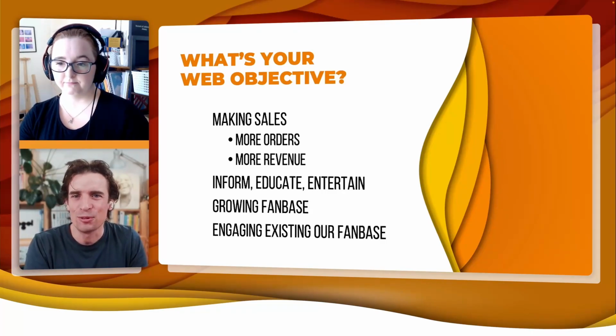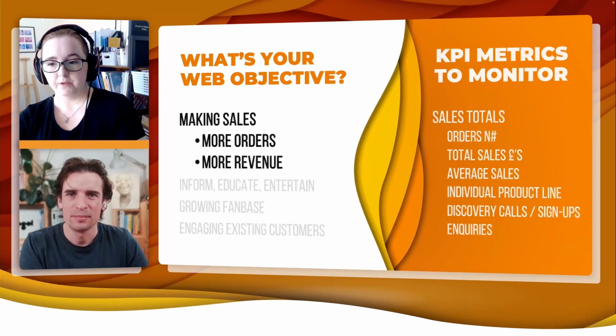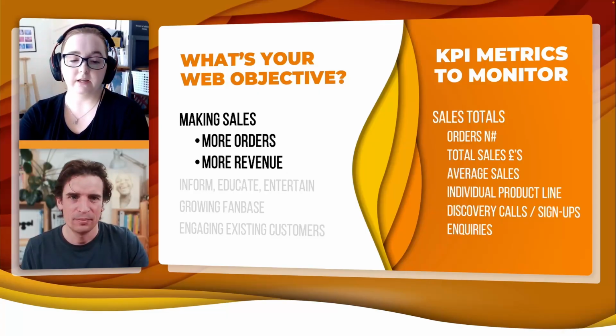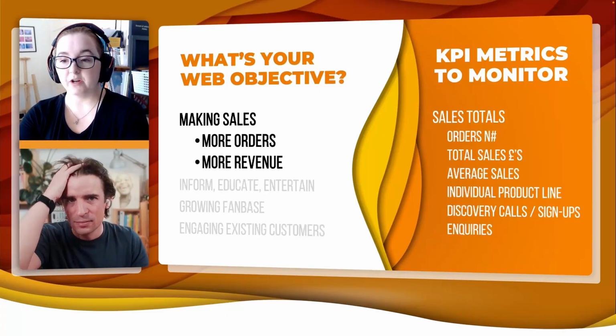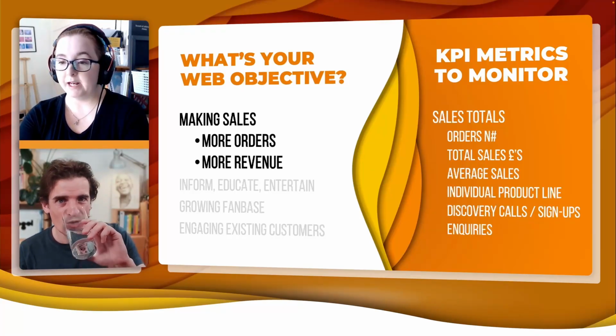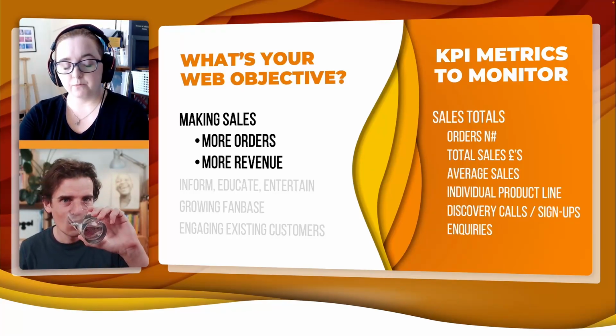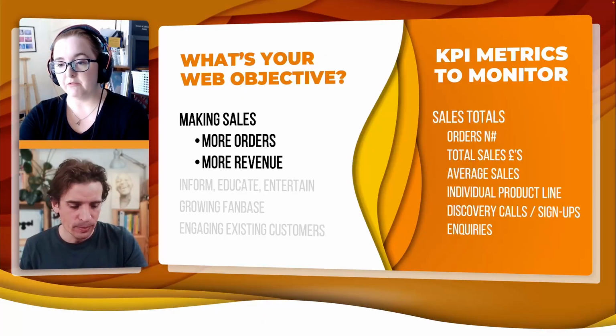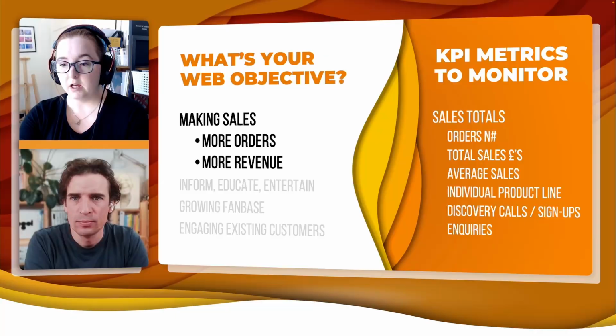If we take a look through them, could you perhaps pick out a couple of key ways that we could measure some of these? Yeah. So for making more sales, it's quite straightforward really. If you have more sales, that is good, and that's what we like. I will say one thing to monitor for everybody, regardless of what your goal of your website is: traffic. Make sure you're actually getting people to your website.